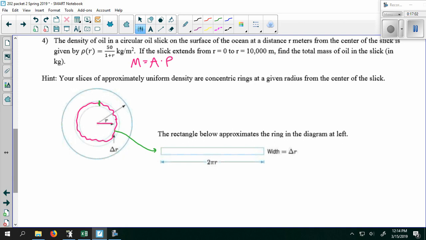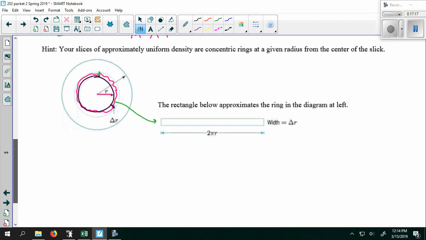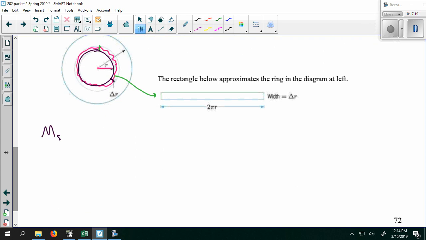shape. And the length of the rectangle is 2 pi r because that is the circumference of the ring. And the width is delta r. That's the width of the ring. So the mass of my slice is the area of the slice times the density of the slice.